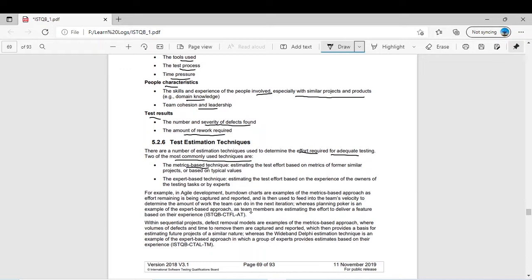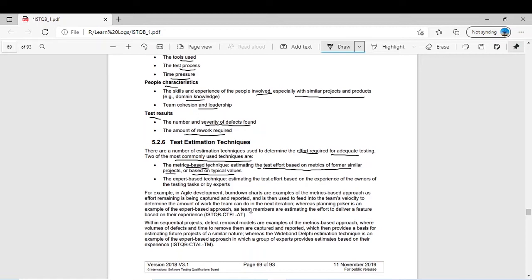In the metrics based technique, you estimate the test effort based on metrics of former similar projects or based on typical values. Maybe you have done a similar kind of testing in your previous projects. You have some data from the previous project, some calculation, maybe some standard, maybe some rules of thumb. Based on that, you adopt those values and replicate them on your current project.